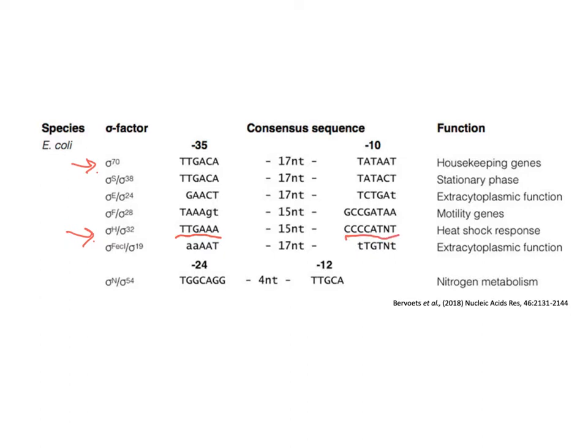So because this sigma factor recognises different sequences, when this is switched in, this results in hundreds of new genes being expressed, as these new genes have promoters that are recognised by this new sigma factor that wouldn't have been recognised before by the sigma 70 sigma factor. So switching of sigma factors, again, is a crucial regulatory point for protein production in bacteria.